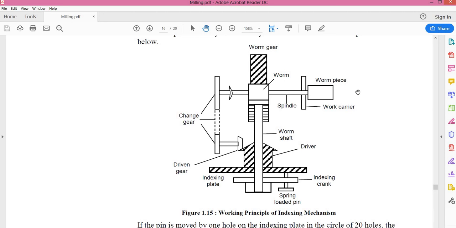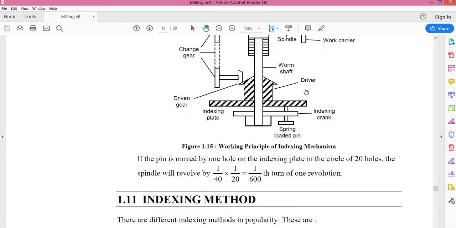Now, if you rotate the indexing crank 40 times, as there are 40 teeth, there will be a single revolution of the spindle. If you rotate the indexing crank once, then 1/40th rotation of the spindle will happen. That is the basic calculation.